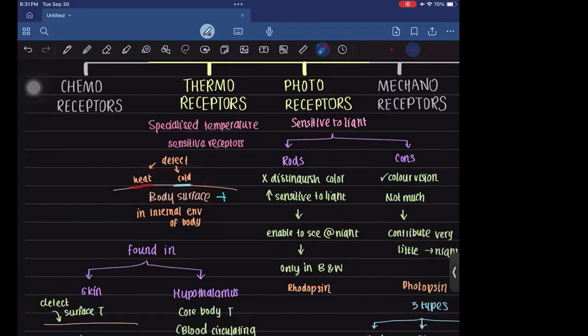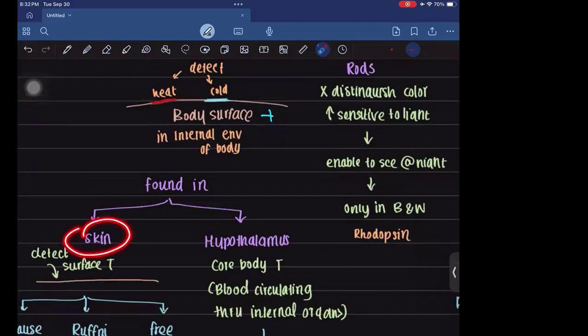So these thermoreceptors, where are they located? They are present in two locations in your body. One, they are present in your skin, and they are also present in your hypothalamus. If you have learned already, you might know that the hypothalamus is the place where temperature regulation takes place.